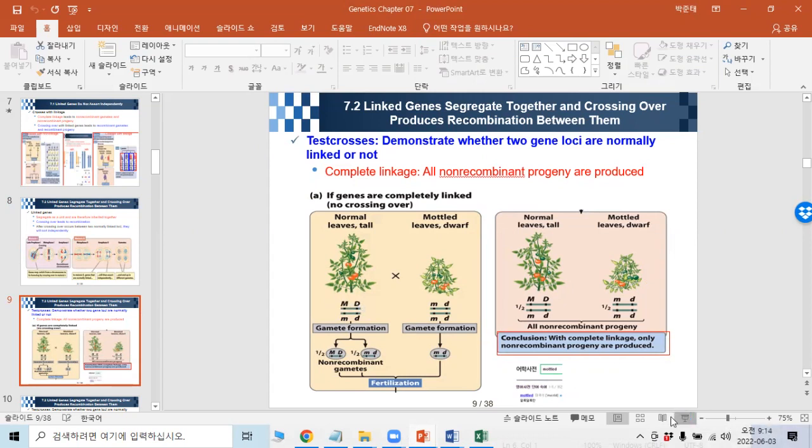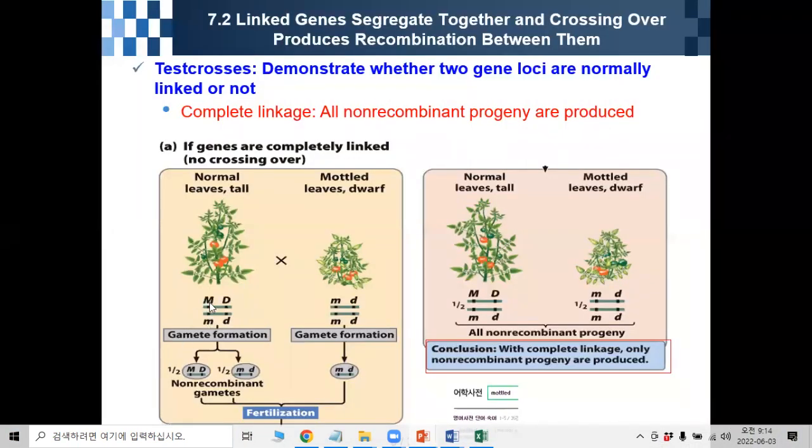Large M means they have normal leaves, and large D means they are tall. We did the test cross with the recessive one, mottled, meaning the leaves have dots, and dwarf, meaning they are very small.